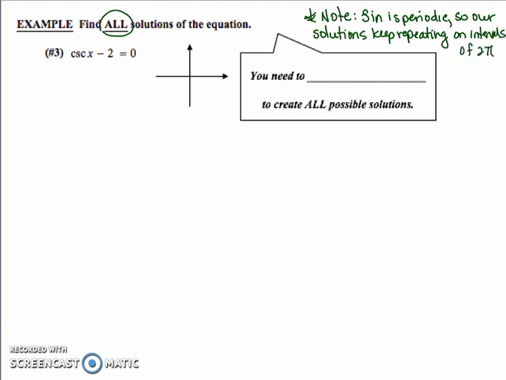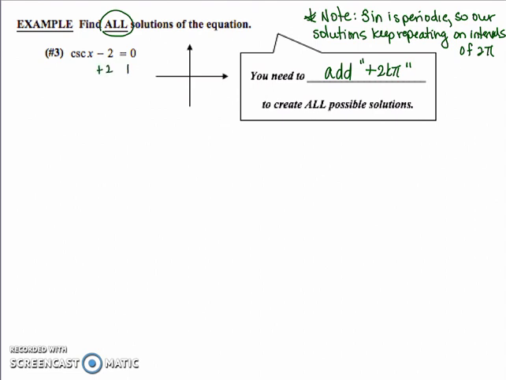What that means for us is once we figure out what our answer is, after our answer, we're going to have to add plus 2k pi, which means we keep going around the circle, we keep adding more answers.